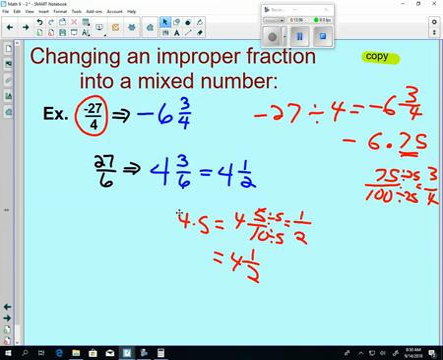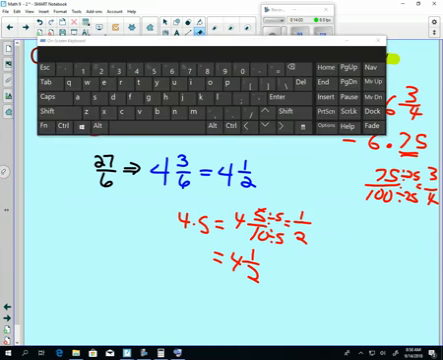Okay? If you did it by long division like this, 27 divided by 6, you would get 4, and 4 times 6 is 24.